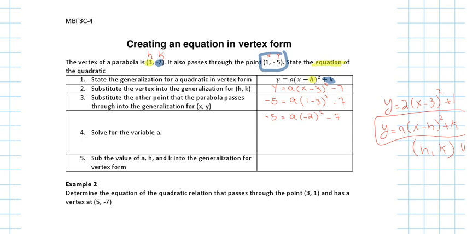Then what do I do next? Square the negative 2. Square the negative 2, and what does that give me? Positive 4. So that's going to be negative 5 equals 4a, because negative 2 squared is 4. So that's 4 times A minus 7.